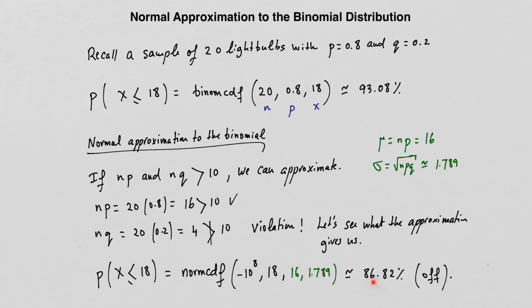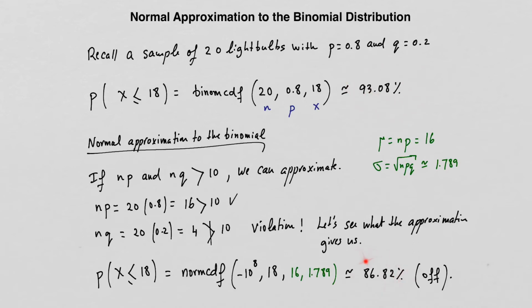I got 86.82% chance. If I pick one light bulb at random, what's the probability that at most 18 light bulbs are non-defective? I found 86.82%. The truth of the matter is, this is the answer.